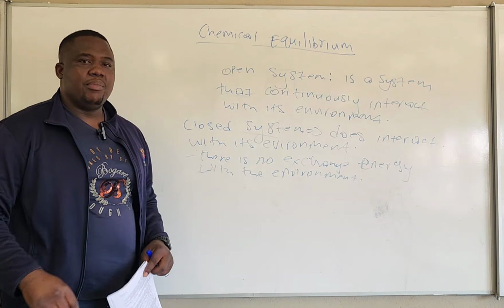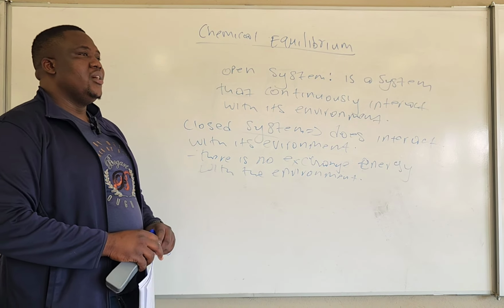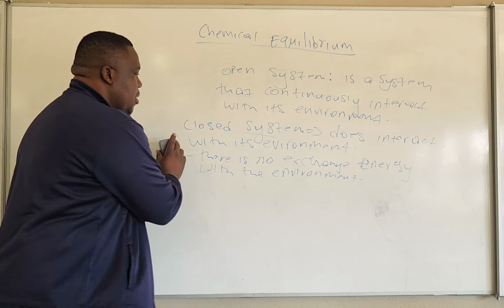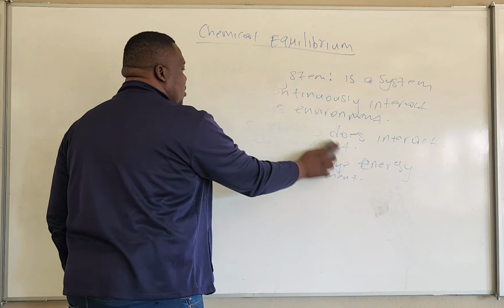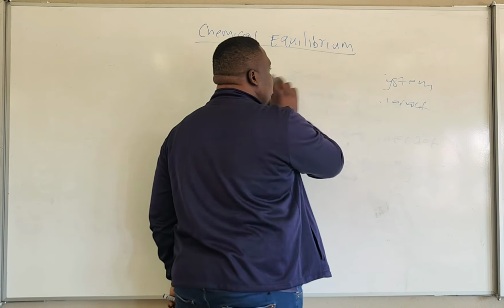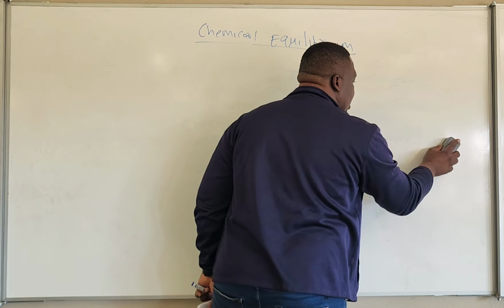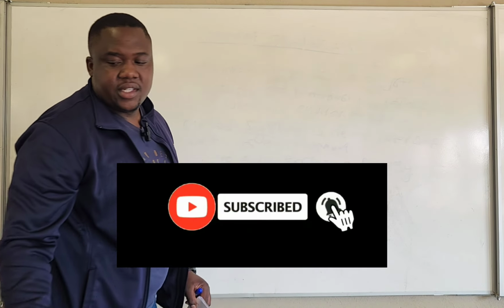And slowly but surely, we're moving toward you understanding chemical equilibrium. These are the first conditions for equilibrium to be reached. Chemical equilibrium can only be reached if we have a closed system.